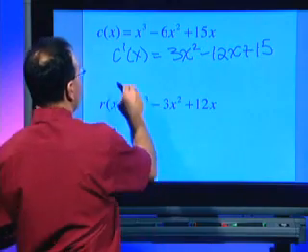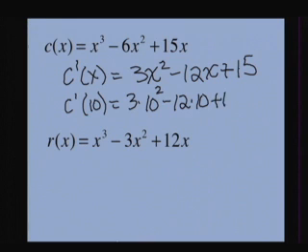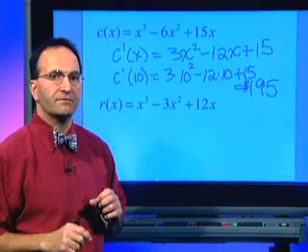So we take C prime of 10, and that's going to equal 3 times 10 squared minus 12 times 10 plus 15. And that will equal $195. So that's our marginal cost of producing 10 radiators, $195.